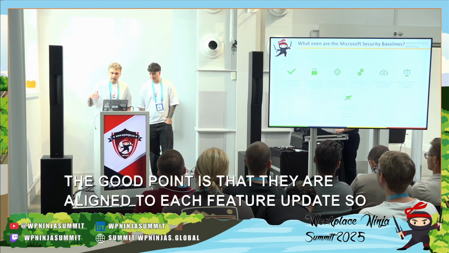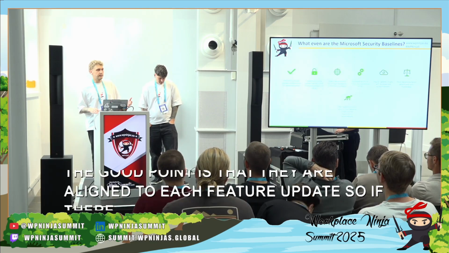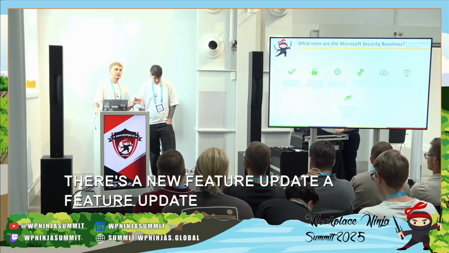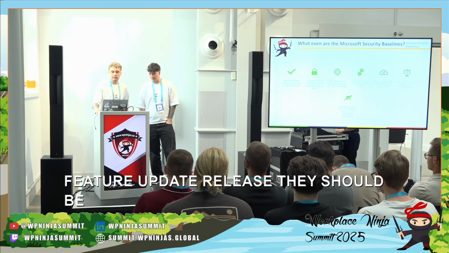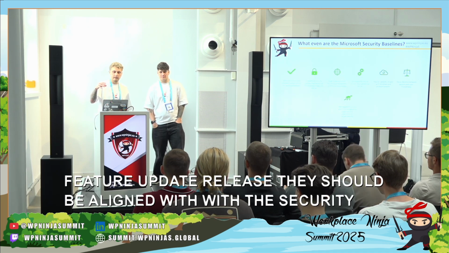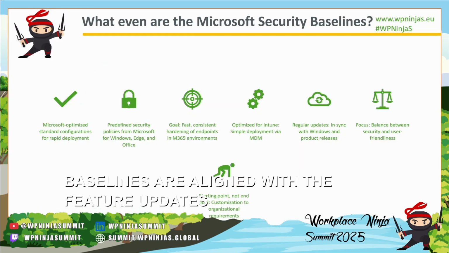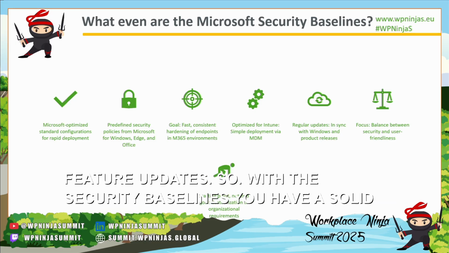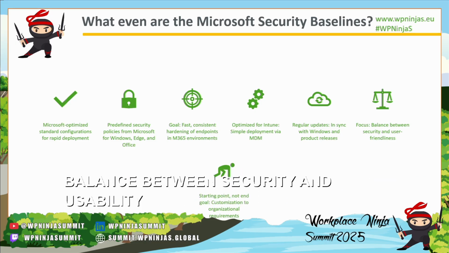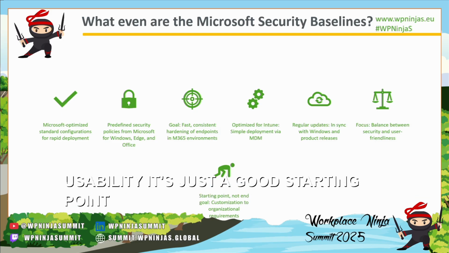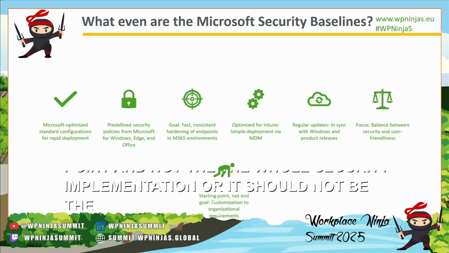So if there's a new feature update release, the security baselines are aligned with the feature updates. So with the security baselines, you have a solid balance between security and usability. It's just a good starting point and should not be the whole security implementation on your tenant.